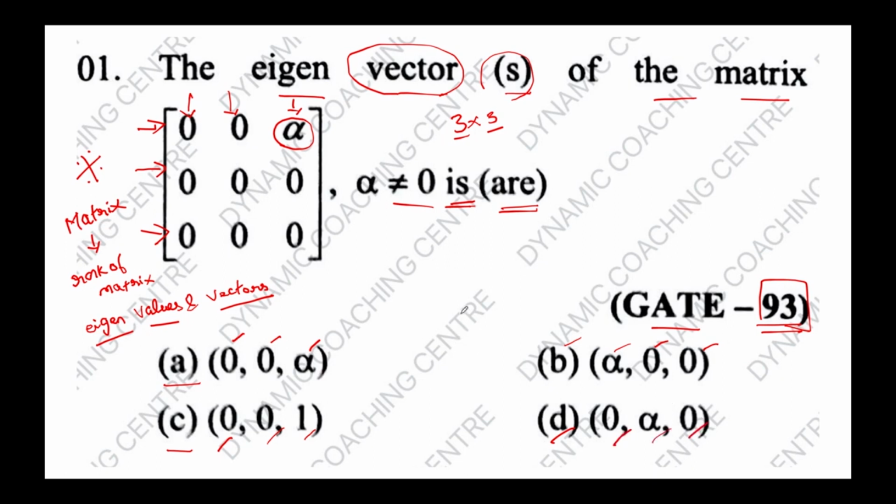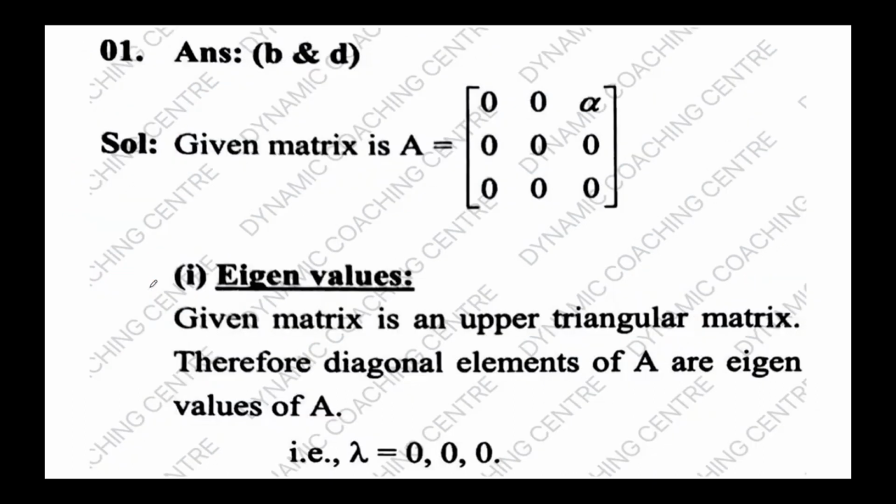It's pretty simple: once you are able to use certain properties of the matrix, you will be able to sort out this question in a very simple manner. So let's get into the solution. This was the given matrix, so let us call it A. By the property of the matrix, the given matrix is an upper triangular matrix.